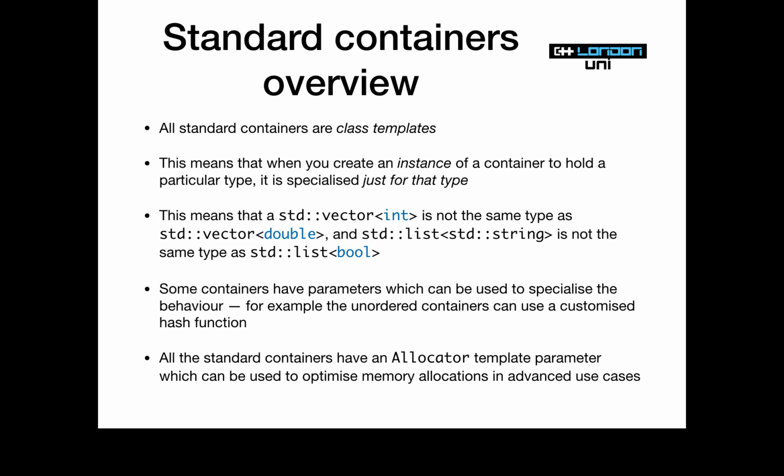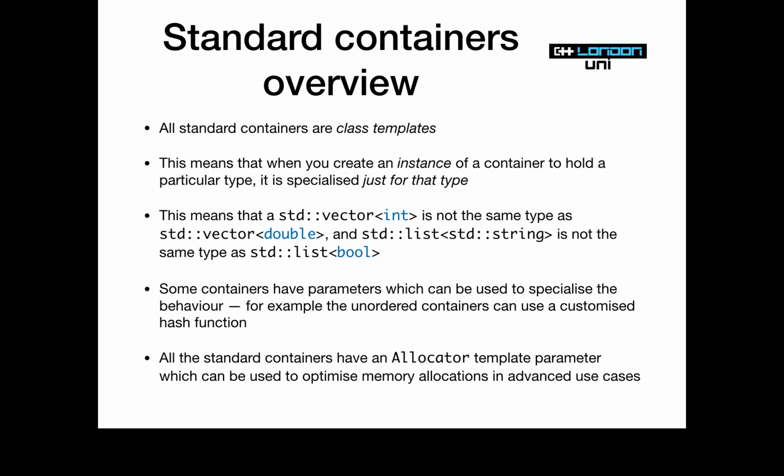So behind the scenes, the container will go away and ask for some memory in order to store the elements. And this allocator template parameter lets you customize how exactly that works. 99.9% of the time, you don't ever have to worry about this allocator parameter.